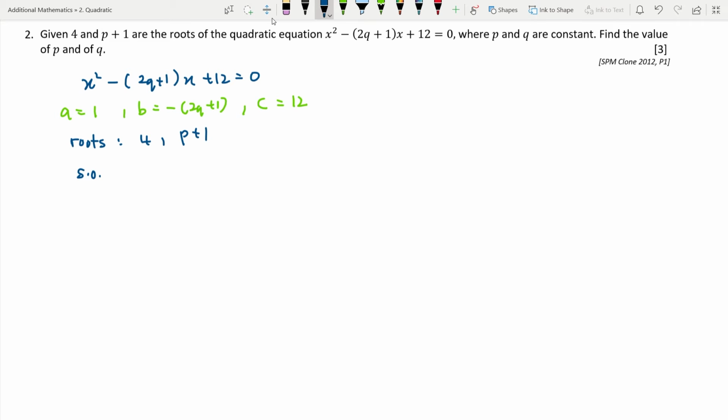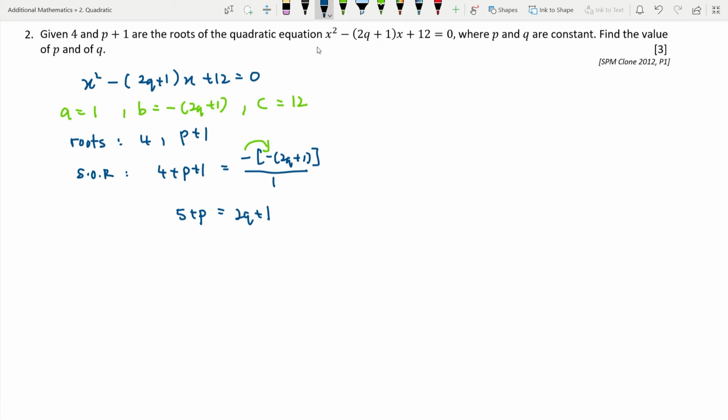The sum of roots is 4 plus p plus 1 is equal to negative b over a. We simplify the equation. 5 plus p is equal to negative times negative is a positive, 2q plus 1.